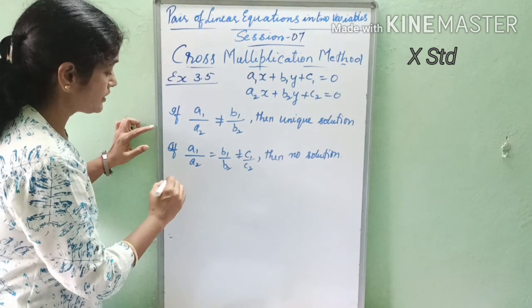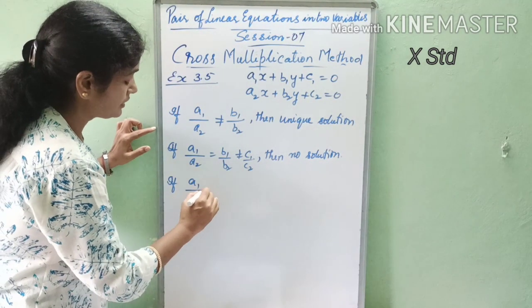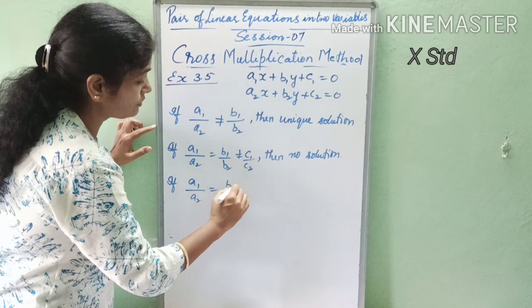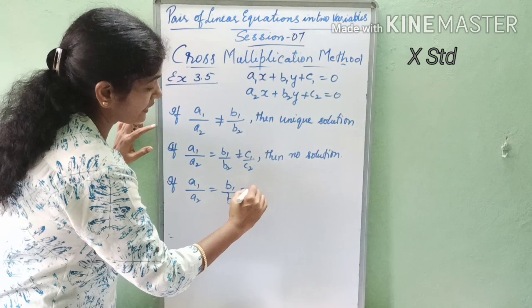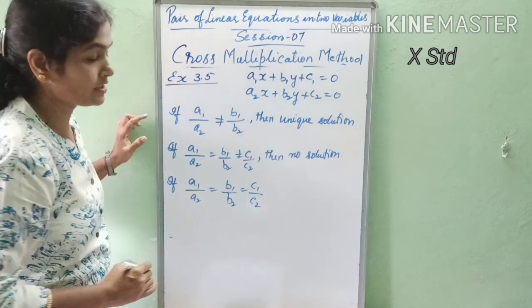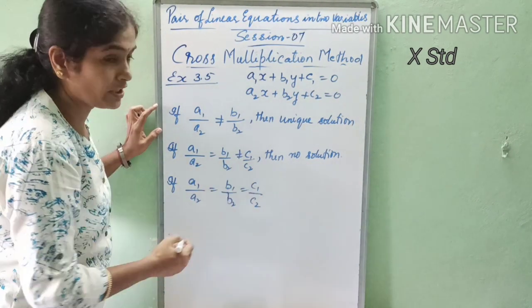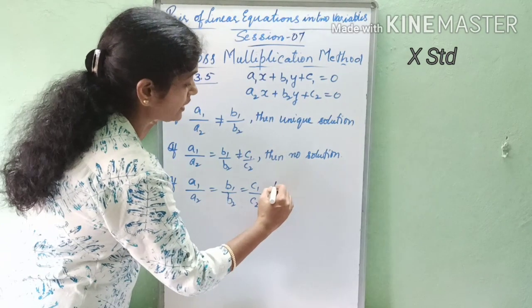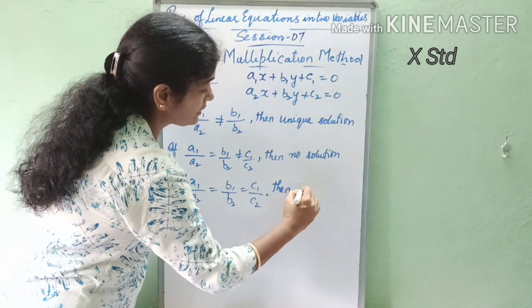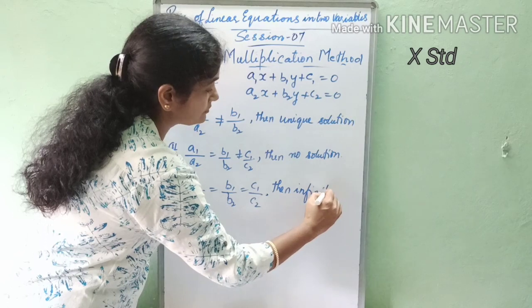And the third condition: if a1 by a2 is equal to b1 by b2 and that is also equal to c1 by c2, that means if all the ratios are the same, then you get infinitely many solutions.